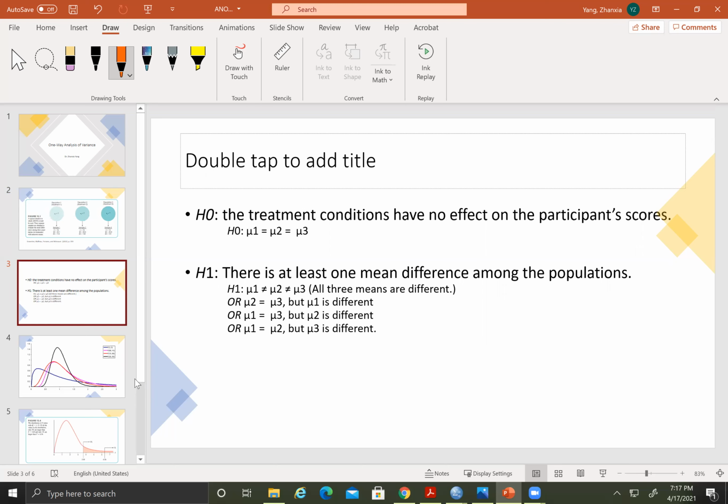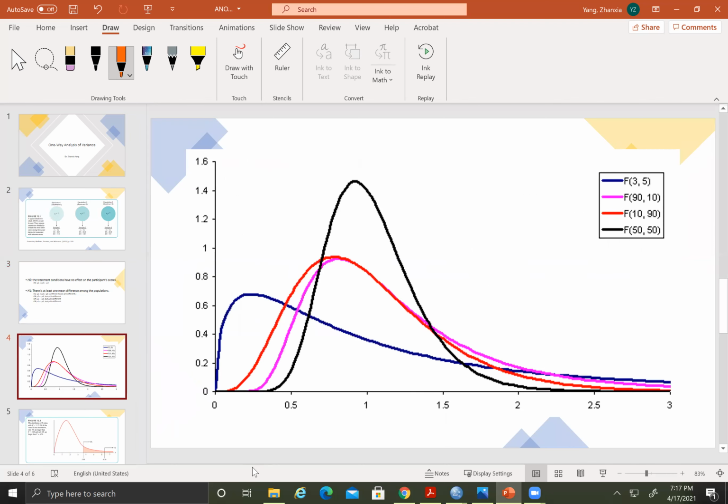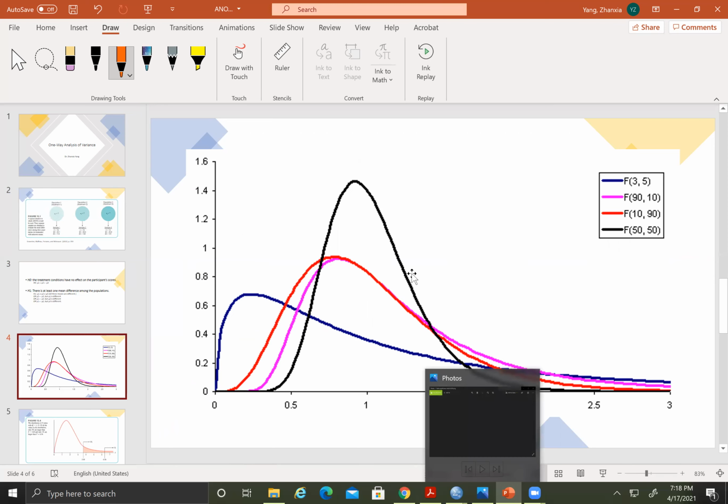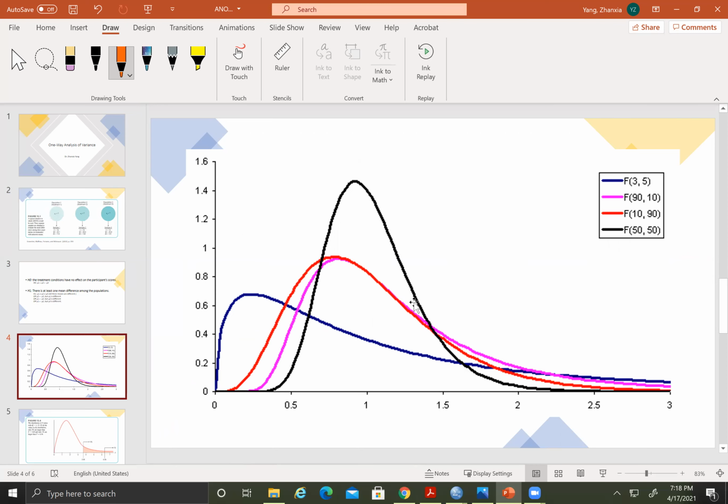By analyzing, we basically calculate, in this case, the F statistic. If you recall, what we do in hypothesis testing is we have specific distributions, and we use the distribution as our reference, as the model, to see where our calculated statistic is located.